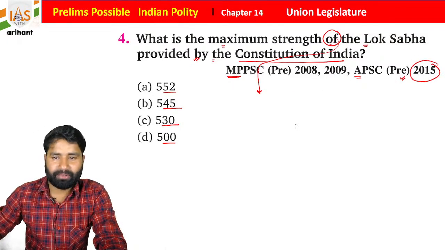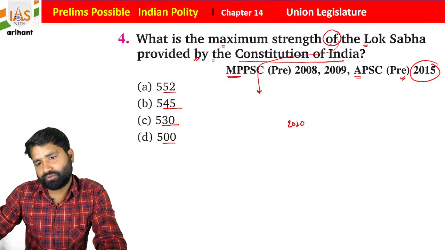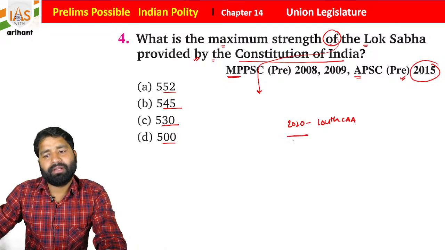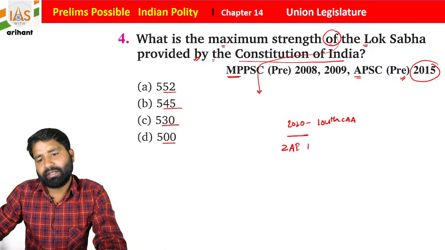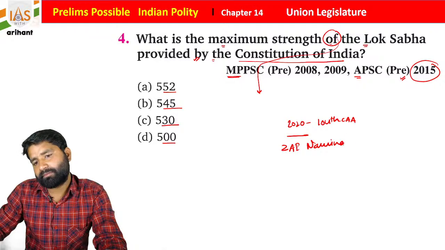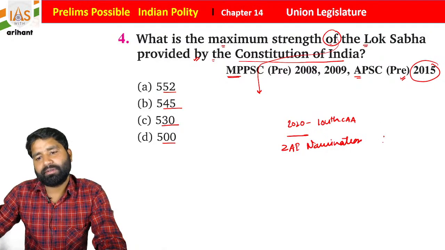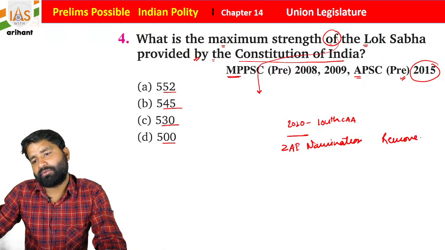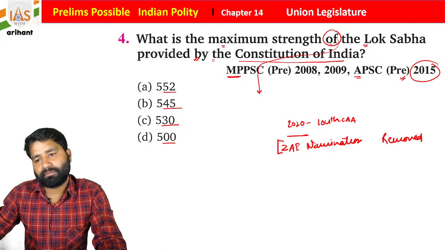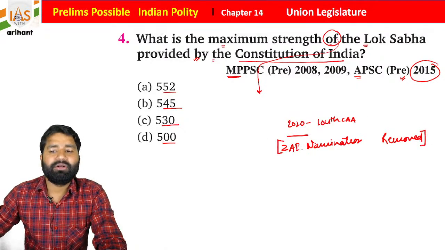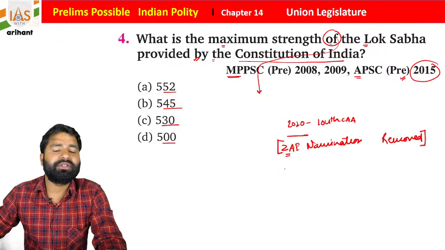According to that, but as you know, in 2020, students, by the 104th Constitutional Amendment Act, 2 Anglo-Indian nominations were removed.